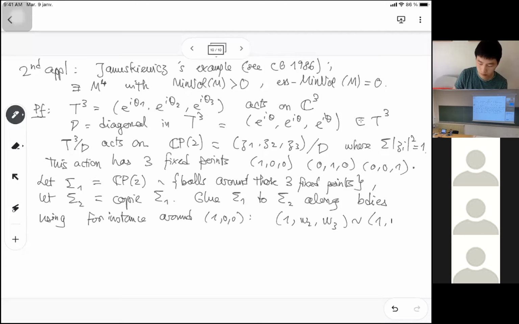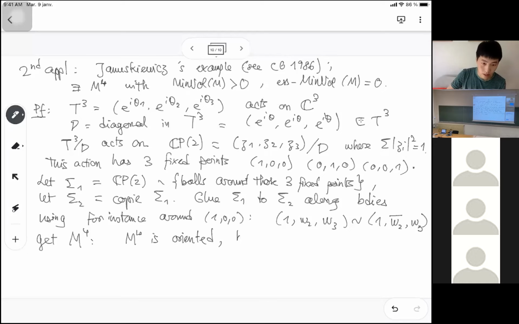It doesn't really matter for us. You just need to reverse the orientation so that the resulting closed manifold is well oriented. So you get M. M is the gluing of Σ1 with Σ2. It's an oriented manifold.